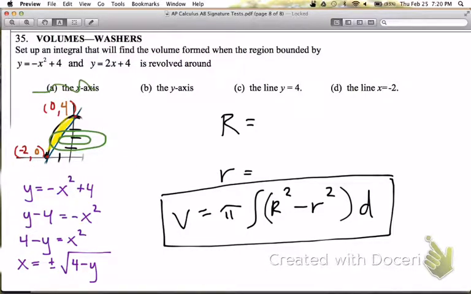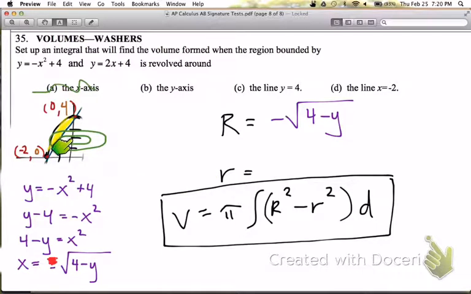So I'm going to cross off the positive one; we're only going to be using the negative one. So that's the equation of this outer function now in terms of y. So the distance from the y-axis to that function is the negative square root of 4 minus y. So here we have the negative square root of 4 minus y.